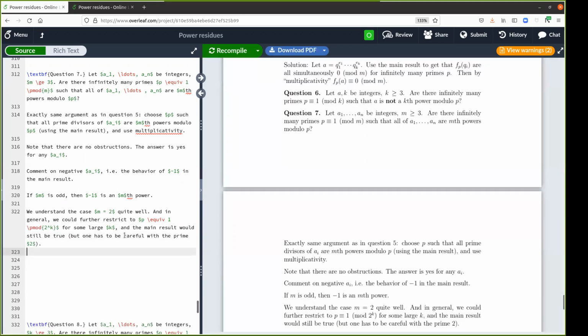Really what's going on is that we could add some congruence condition to p, and that wouldn't affect the main result at all.